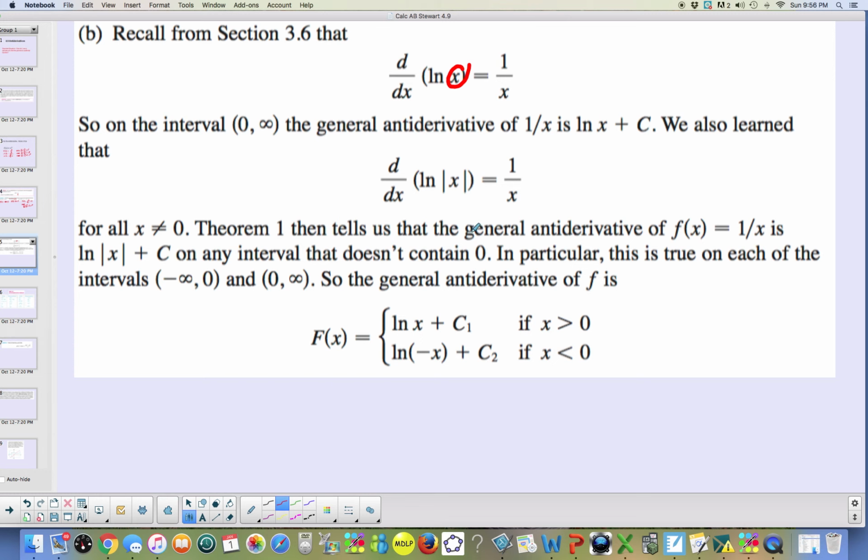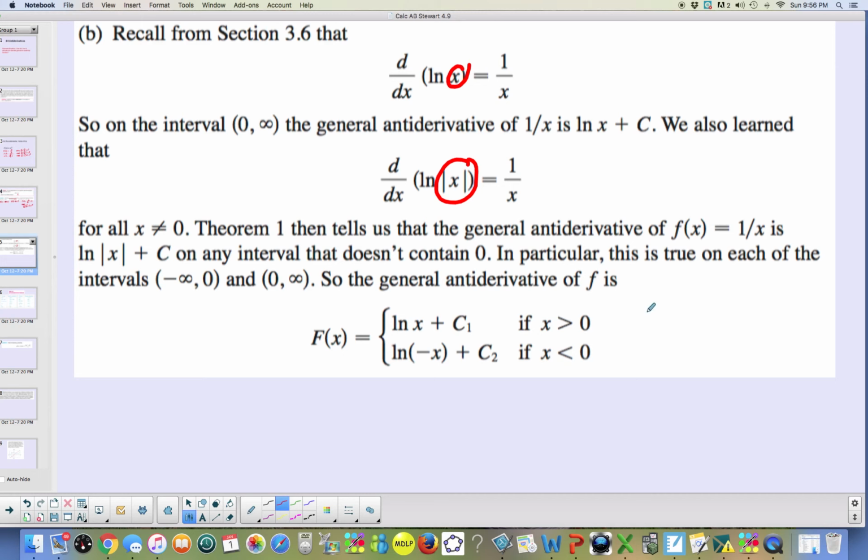Now this is going to be forcing the domain to always be positive. So let's take a look at what we are going to call this without the absolute value. If x is greater than 0, then we don't need the absolute value sign. But if x is less than 0, then we want to say the opposite of x. So these are good antiderivatives.